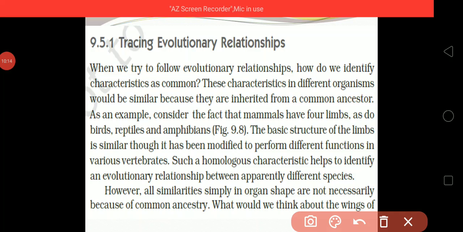When we try to trace evolutionary relationships, how do we identify a characteristic as common? These characteristics in different organisms will be similar because they are inherited from the common ancestor.